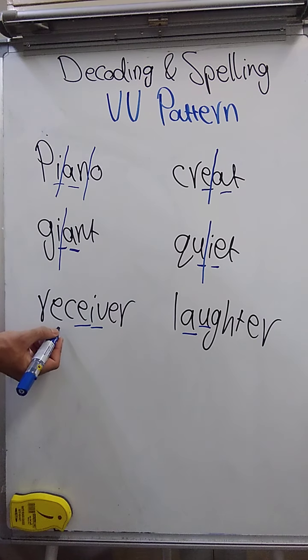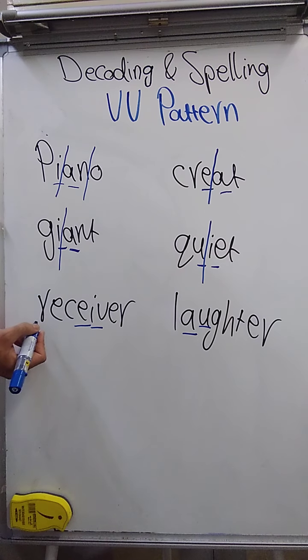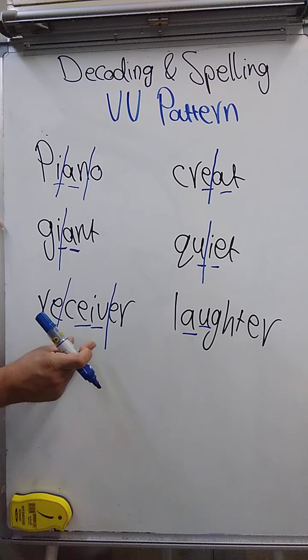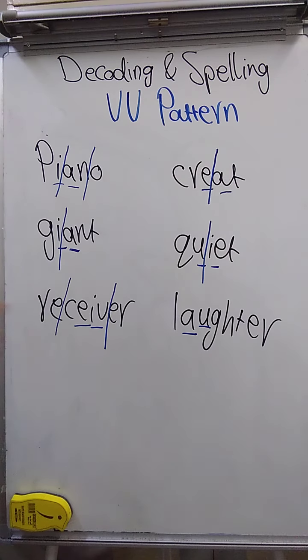So here I have a common beginning syllable, which is re, and a common final syllable. So I come up with a base word. In this base word, I have two vowels. So how do I read them? Do I pronounce the two vowel sounds, or are the two vowel sounds making one sound?